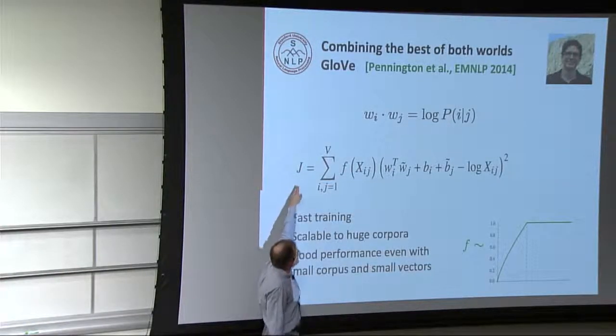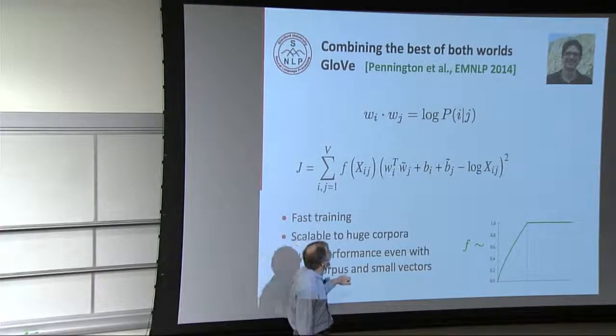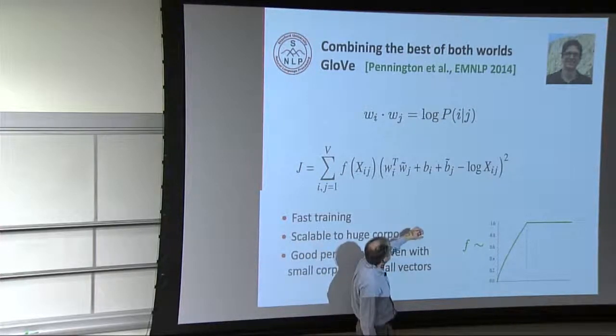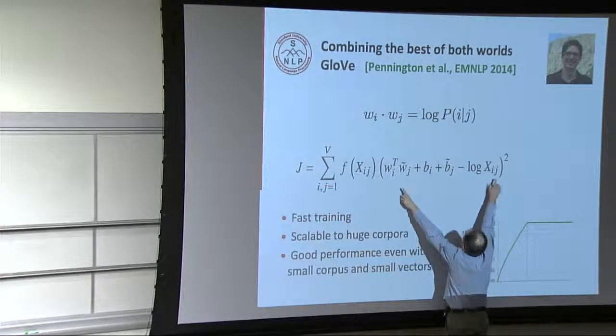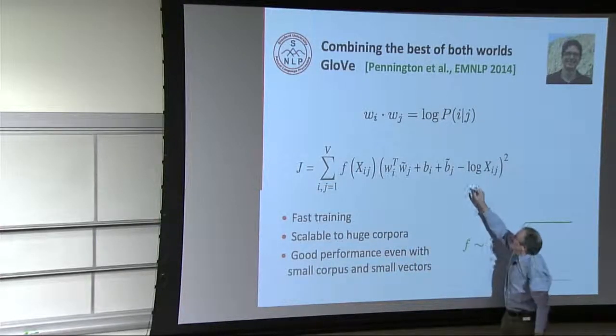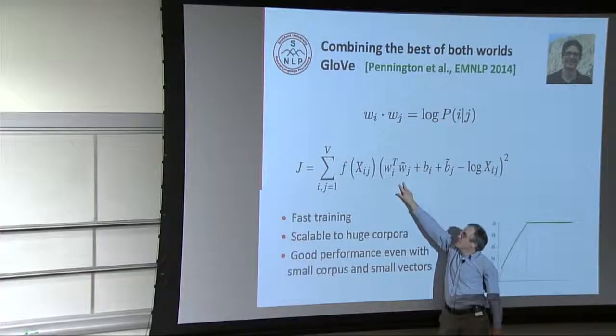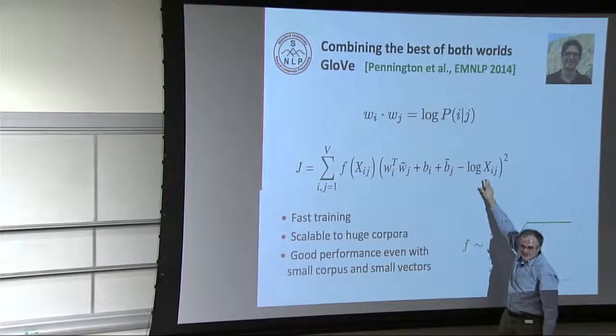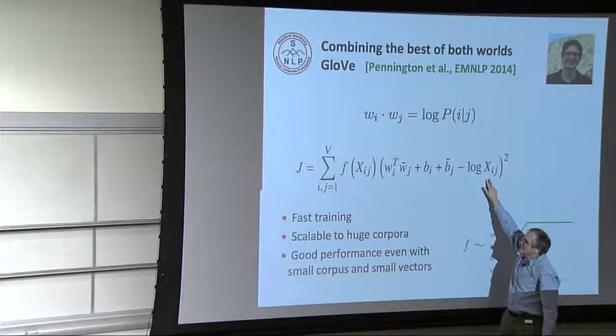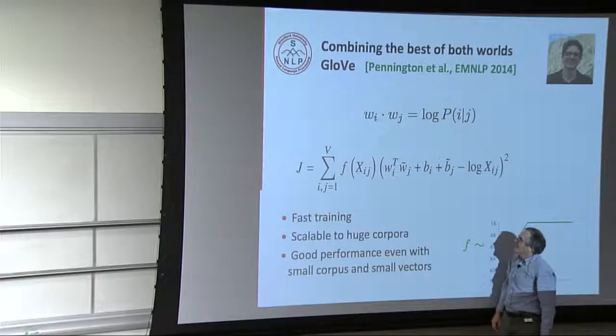So here is our objective function, and it's made to look a little more complicated, but essentially we've got this squared loss, and we're saying the dot product should be as similar as possible to the log of the co-occurrence probability, so there's loss to the extent that they're not the same.